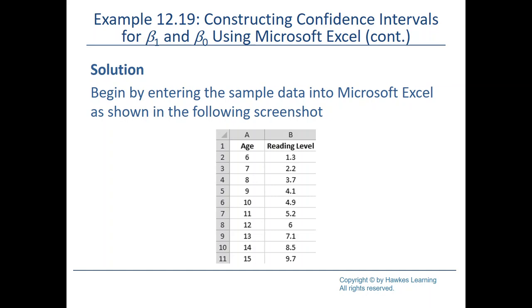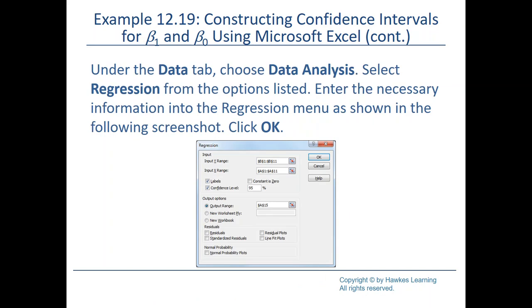Okay, so in list 1, I'm going to have all the ages, and list 2 will have all the reading levels. Now Excel, just like when we do it in our calculator, where we say stat and arrow over to calculate or the testing, under Excel there's an area that says the Data tab.